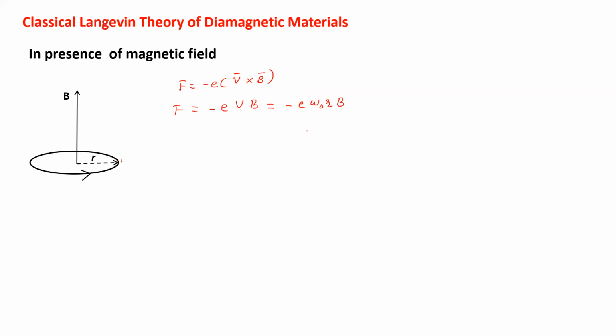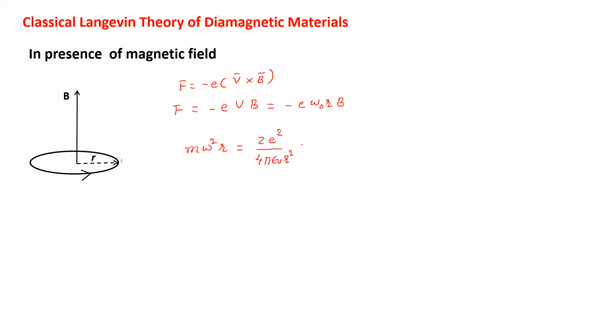So one more force will be acting on the electron in the presence of the magnetic field, and hence we can write the force equation as m omega square R, because due to the application of the magnetic field the angular frequency will change to omega, equal to Z e square divided by 4 pi epsilon 0 R square.